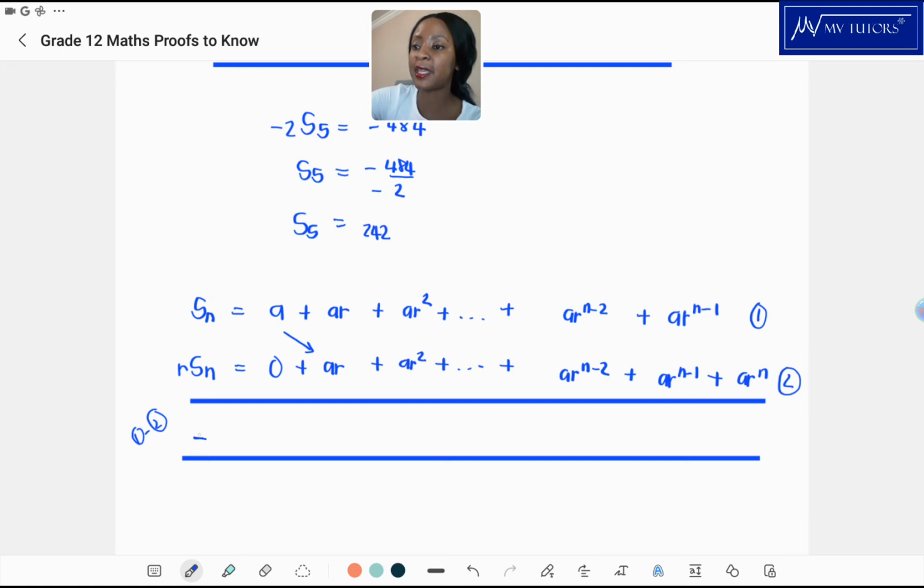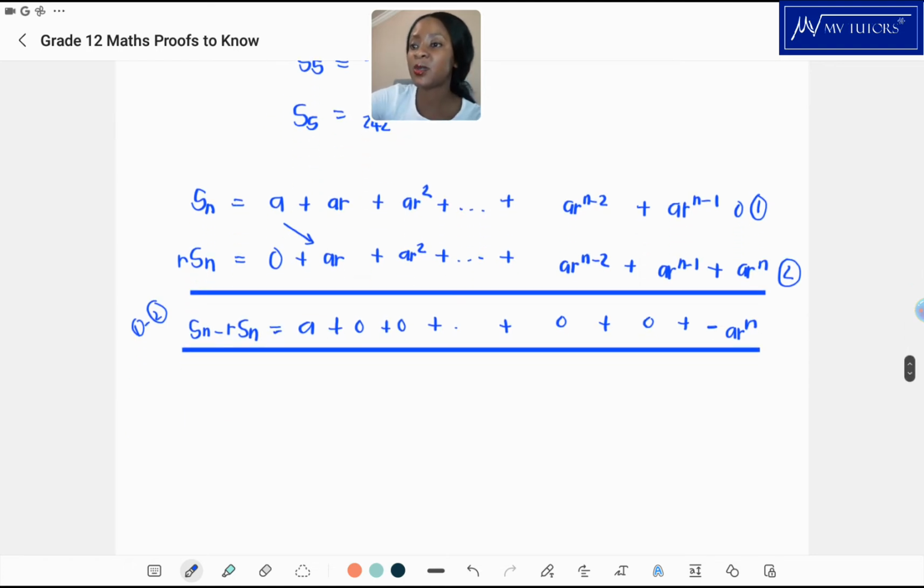So this would be Sn minus r Sn, and then I would have a minus 0, which is just a, and then I would have all of these terms subtracting until we get here. So we're going to have 0, 0, 0, 0, and then we're going to have a negative ar to the power n.